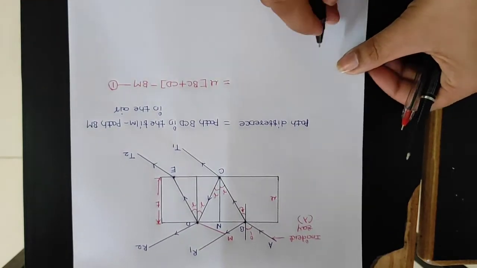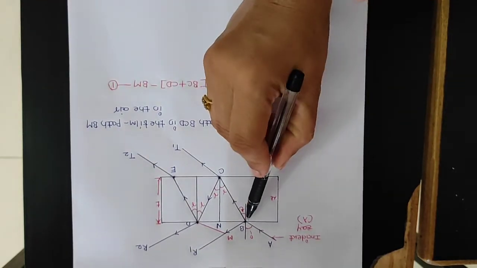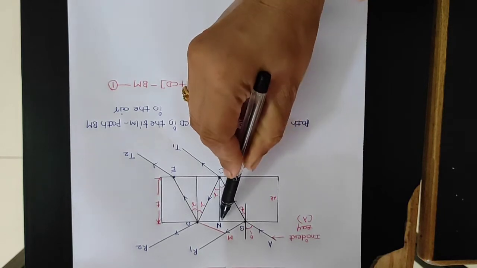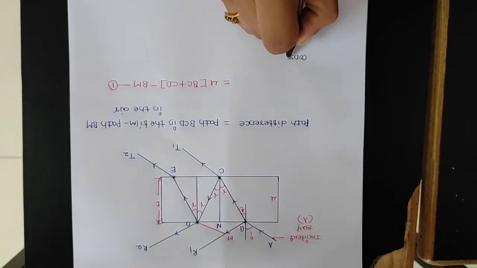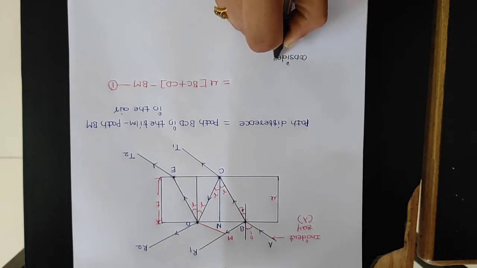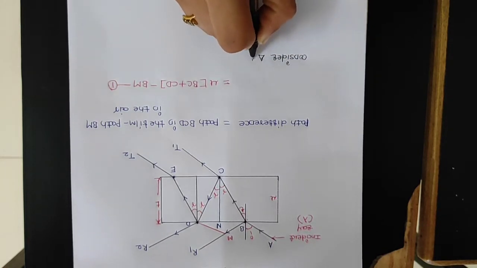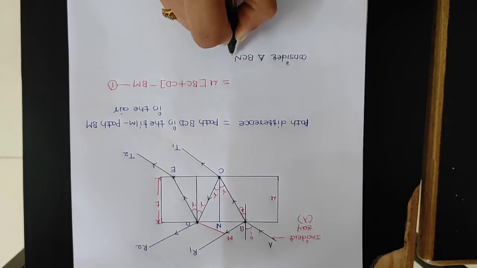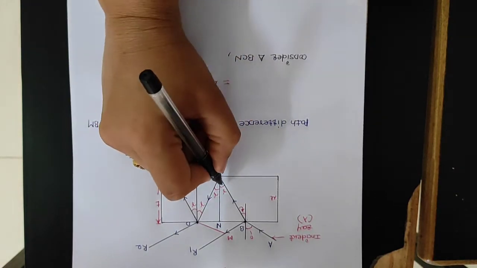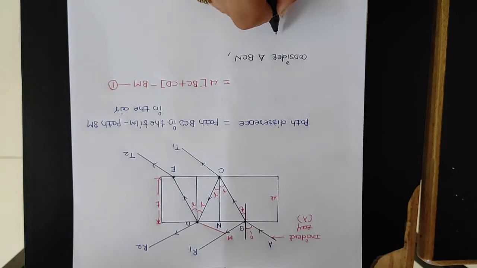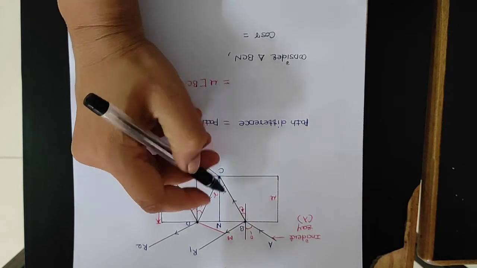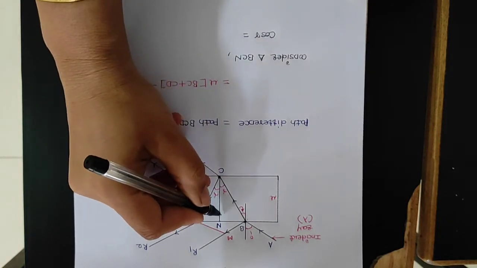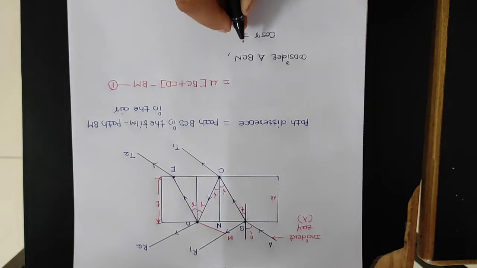So consider triangle BCN. From that triangle, cos R is equal to CN divided by BC.